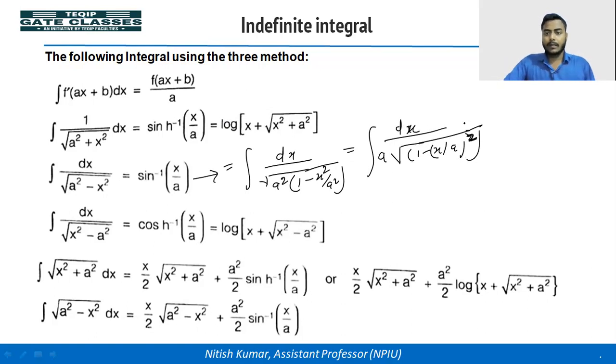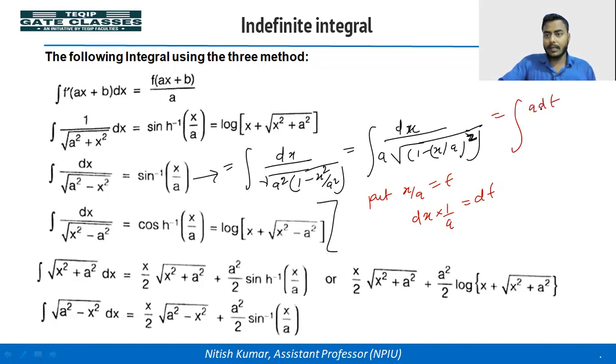Now here we can put x by a equal to t. So dx into 1 by a is equal to dt, right? So we can write integration a dt divided by a into root under 1 minus t square.